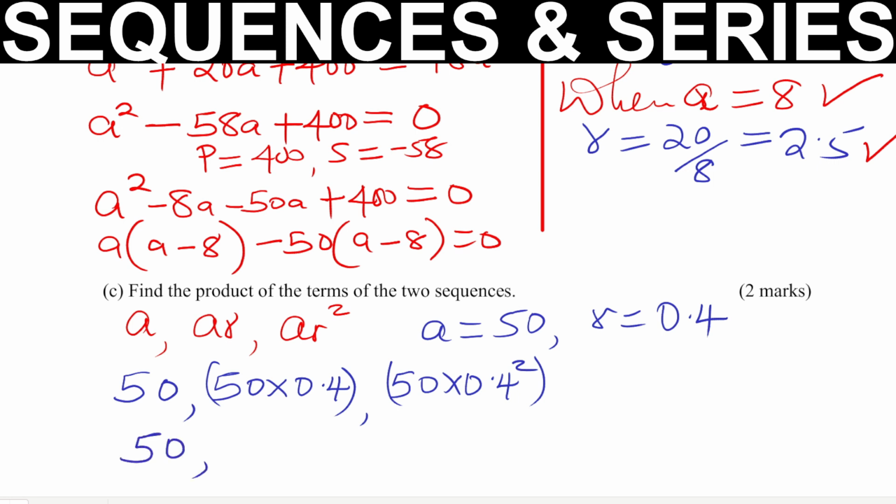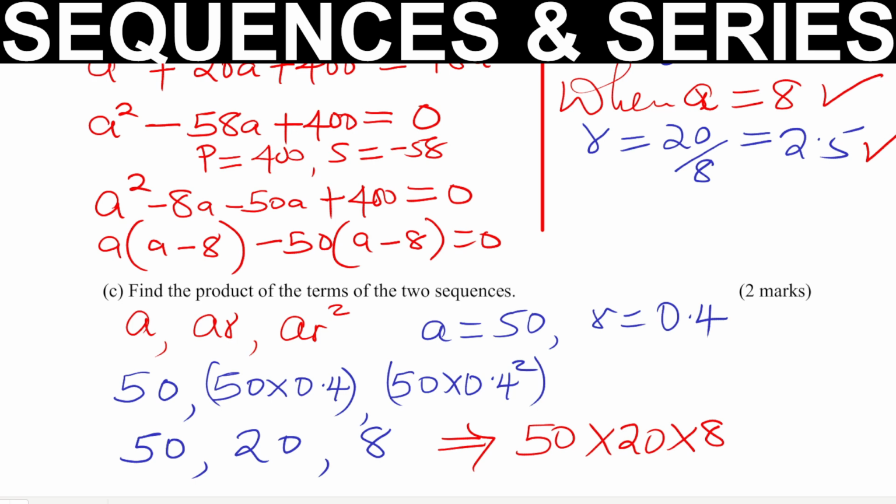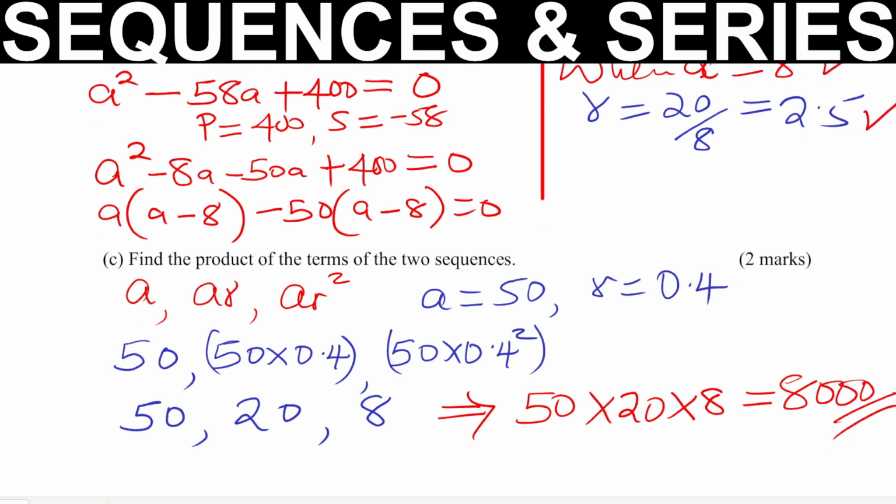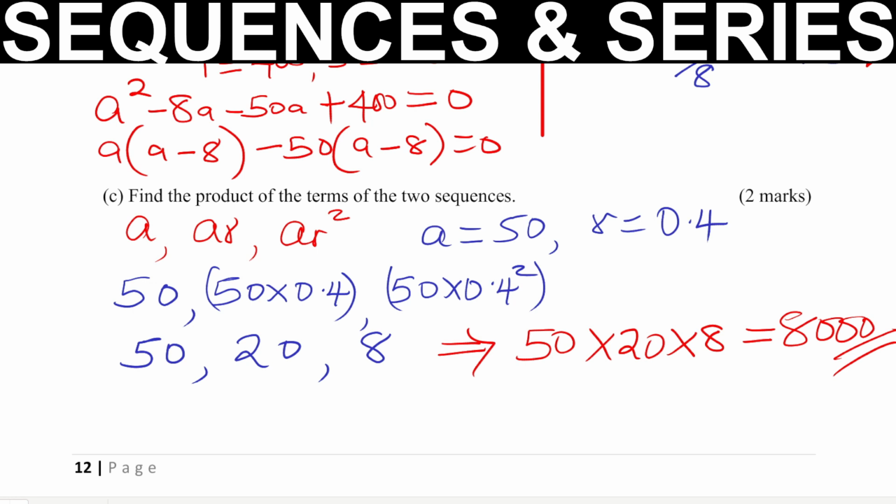Then 50 times 0.4 will get 20. And 50 times 0.4 squared, this will give 8. So the product of the terms of the first sequence will therefore be given by 50 times 20 times 8. And this will give 8,000.